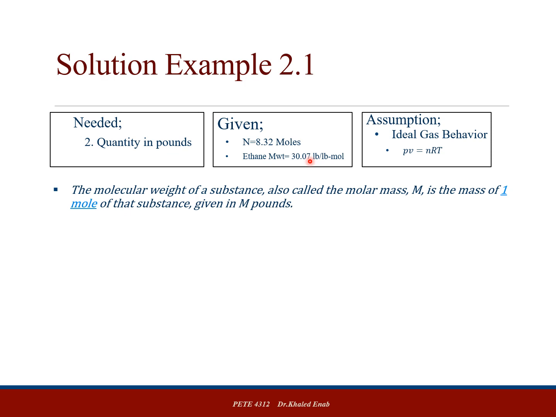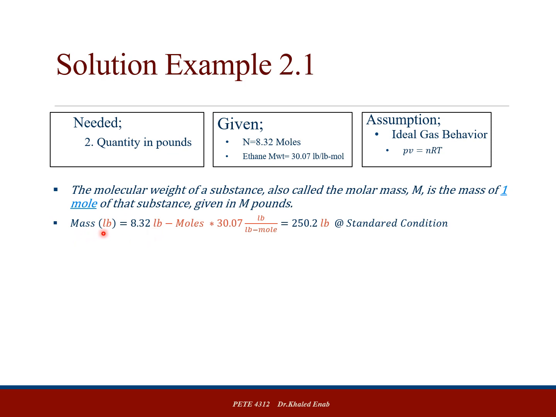Molecular weight of a substance, also known as molar mass, is the mass of 1 mole of that substance, given in mass pounds. So how much is the mass of 1 mole? I know I have the number of moles in pound moles, and I get the mass of each mole. So when you multiply those, you get the mass in pounds, right?